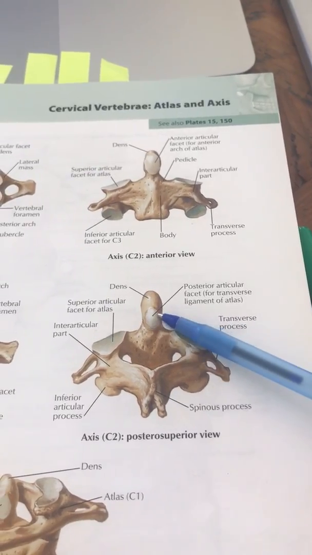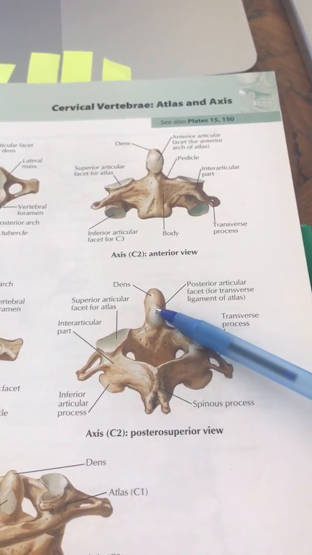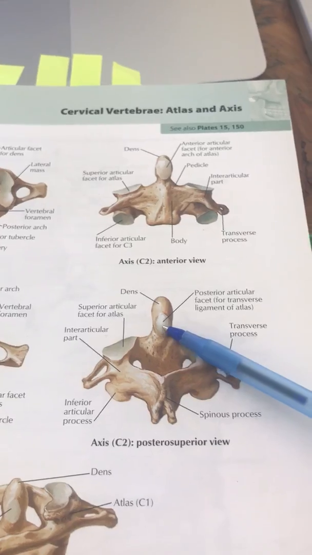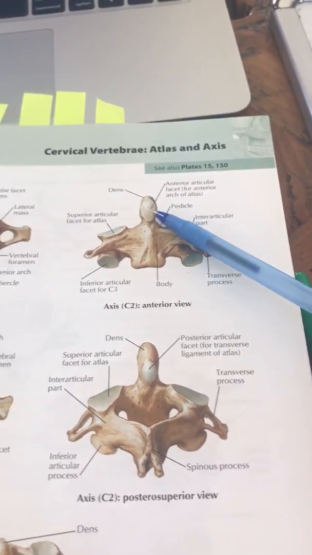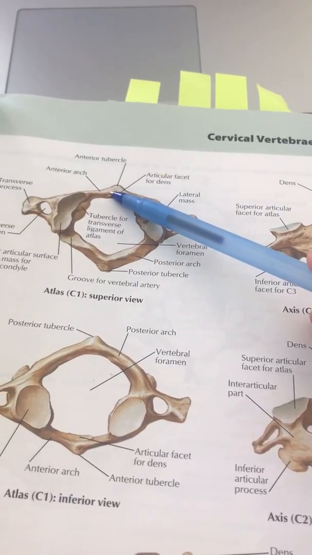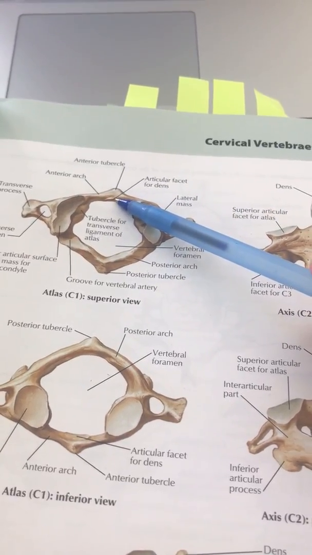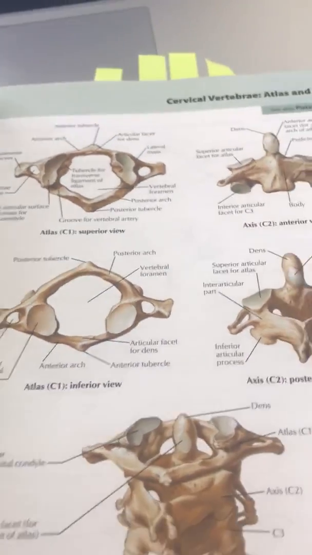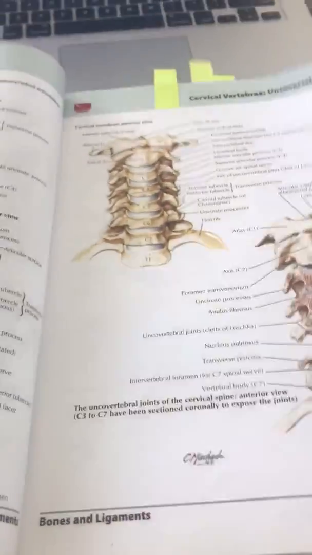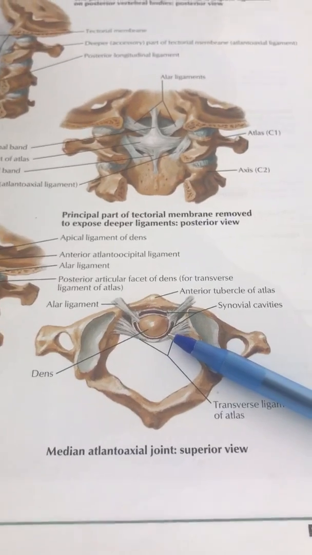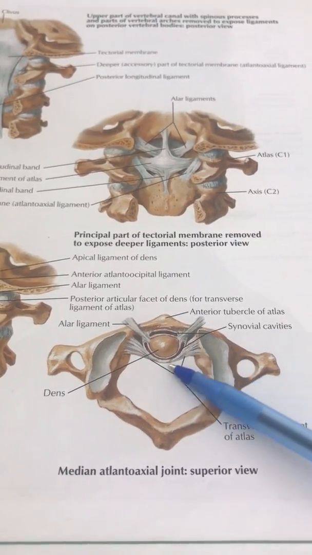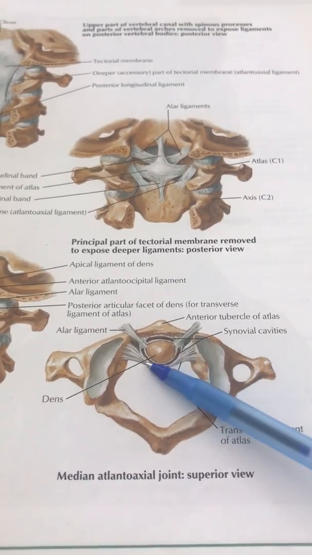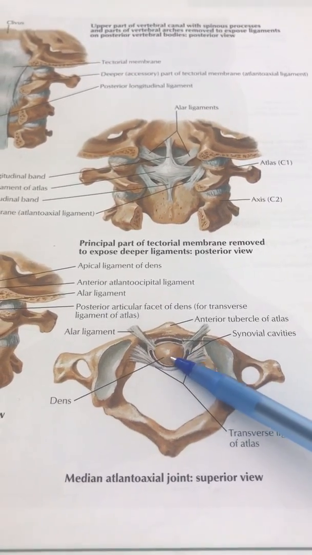So this posterior little facet articulates with the transverse ligament, and then this is it anteriorly, and that's where it will articulate here with C1. Here's a superior view of that same joint. So we can see now that transverse ligament holding it into place. And this is the dens from above.